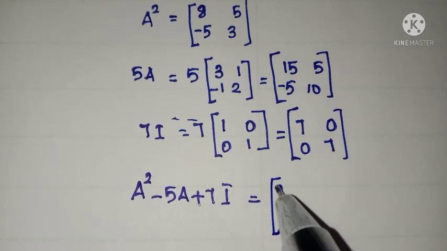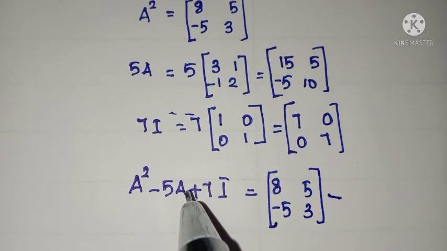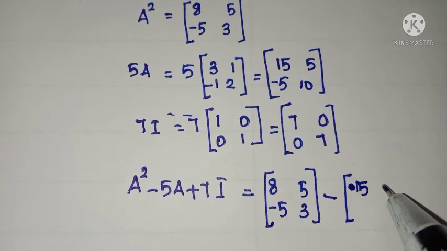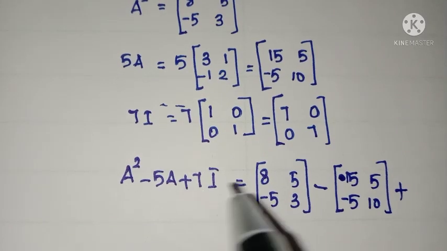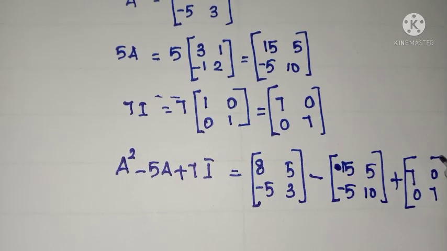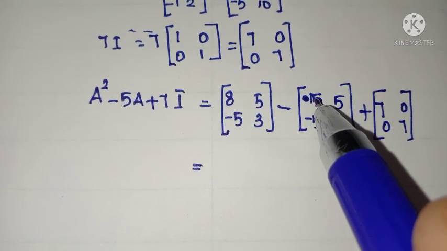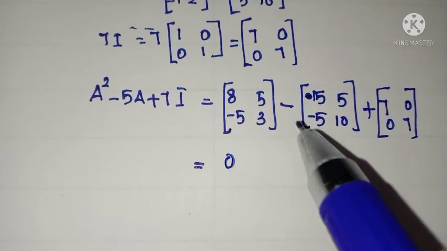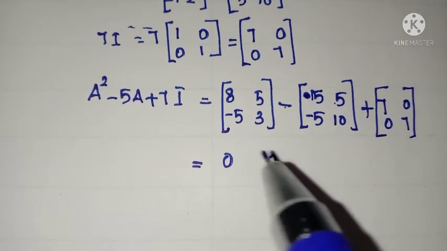A square is 8, 5, minus 5, 3, minus 5A is minus 15, minus 5, 5, minus 10, plus 7I is 7, 0, 0, 7. So, this is equal to 8 minus 15, that is minus 7 plus 7, 0. 5 minus 5, 0, 0 plus 0, 0.